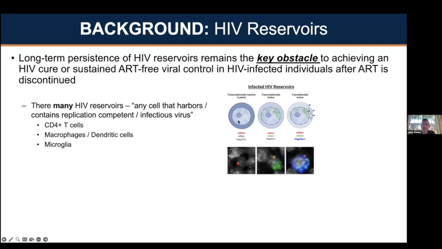Now, these cells can reside in a variety of different what we refer to as viral states. They can be transcriptionally inactive, and we refer to those as latently infected cells, and we have tools to be able to identify those within tissues and also by molecular means. They can be transcriptionally active, what I refer to as an active viral reservoir.